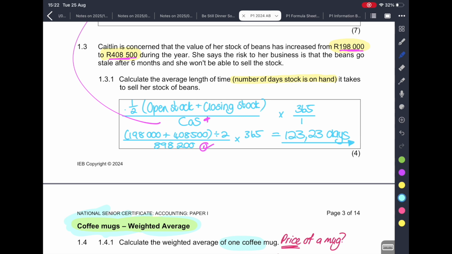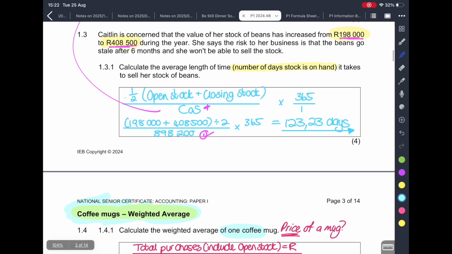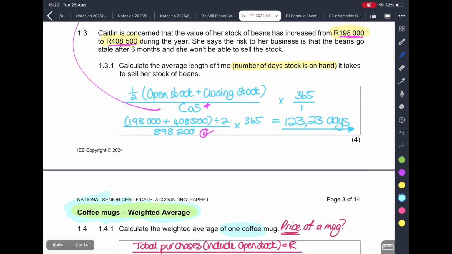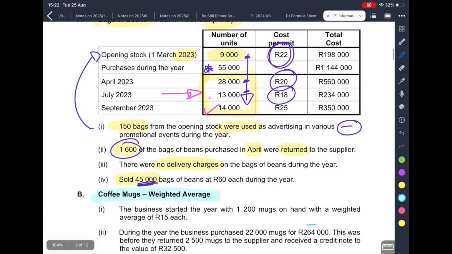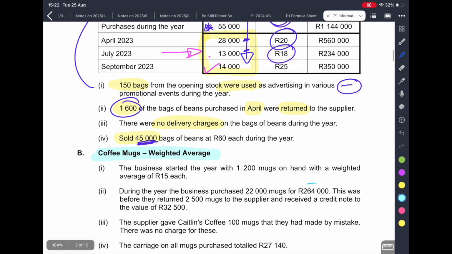So what I'm going to do is add all the purchases together, but in Rand value. And that includes my opening stock. So if I go to my money, I'm looking for Rand values. I can find here, there's 15 Rand in the beginning for the 1,200 mugs. And then I've got some Rand value here, 264 and 32.